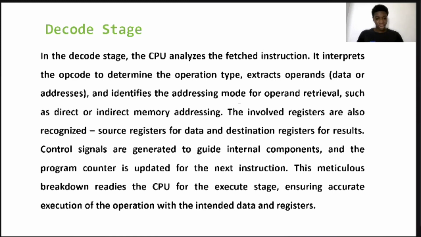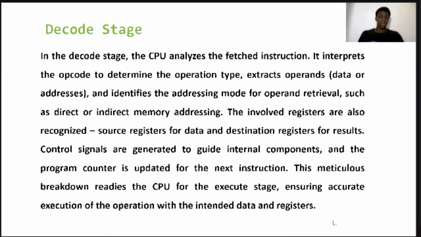The involved registers are also recognized: source registers for data and destination registers for results. Control signals are generated to guide internal components, and the program counter is updated for the next instruction. This meticulous breakdown readies the CPU for the execute stage, ensuring accurate execution of the operation with the intended data and registers.